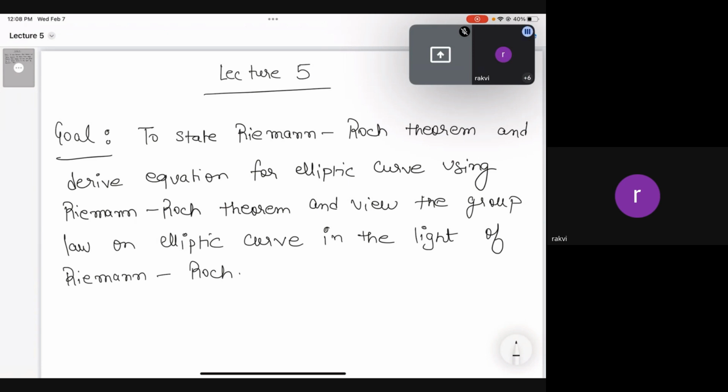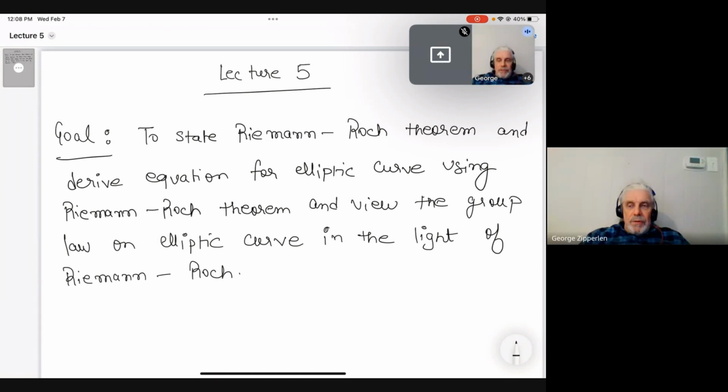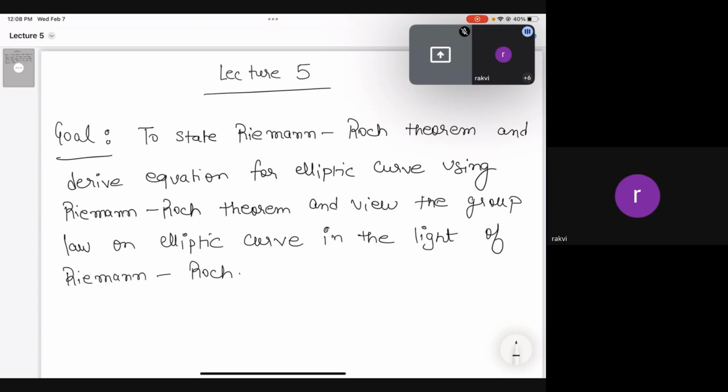Before I start, any questions about anything that we have done so far? Anything that I should repeat again? Just please let me know. Are we still working over the complex numbers or just in general? In general, yeah.